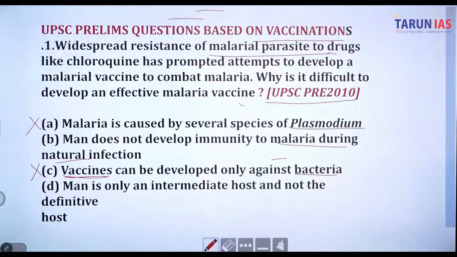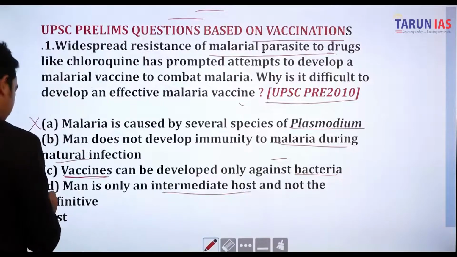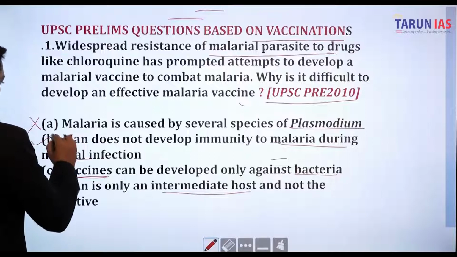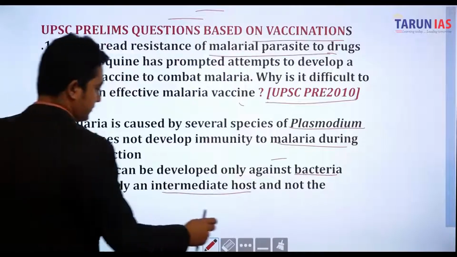Option D, man is only an intermediate host and not the definitive host. This is not a correct answer, intermediate host and the definitive host. So B is the right answer. Man does not develop immunity to malaria during natural infection.